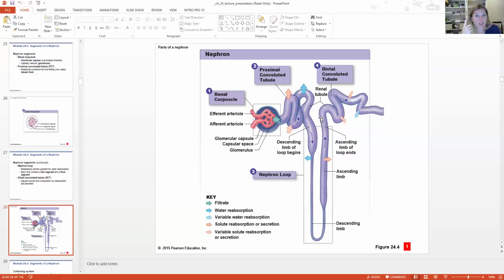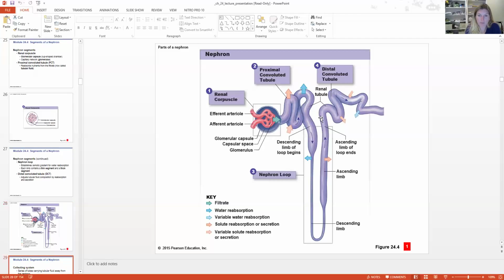Aldosterone and ADH, right? These hormones are going to influence how much you're peeing out and how much you're keeping in your body. And that is exactly where those hormones, ADH and aldosterone, function. They function right there on the DCT of your nephron.